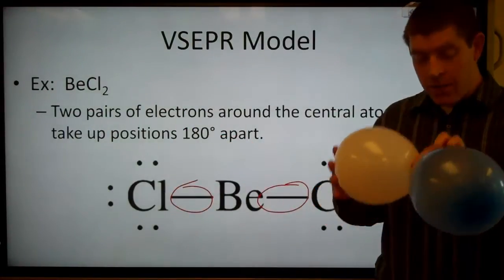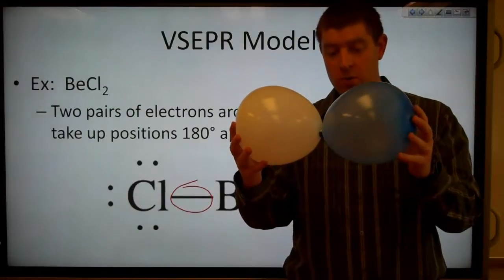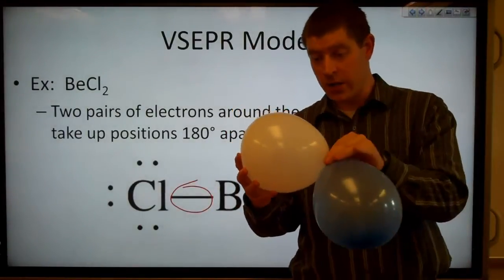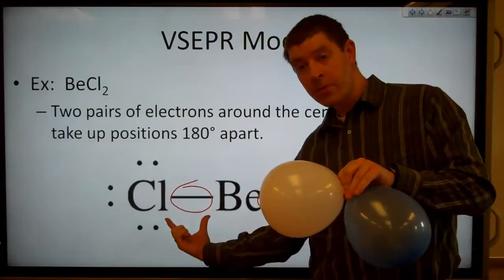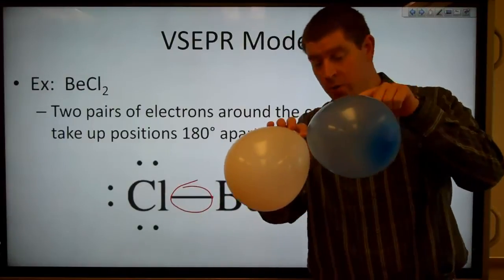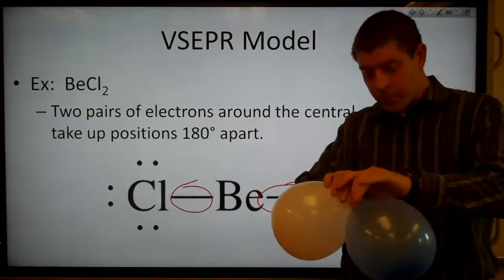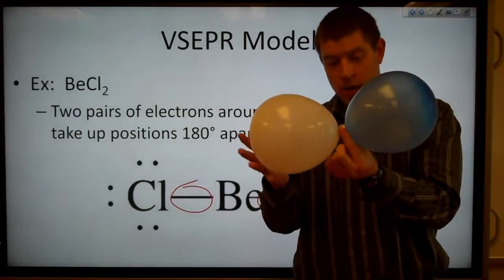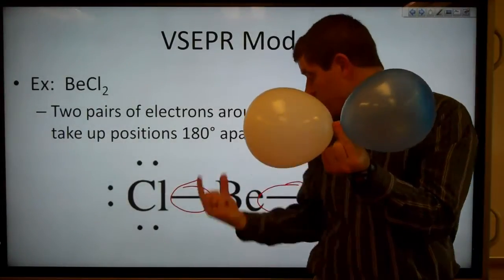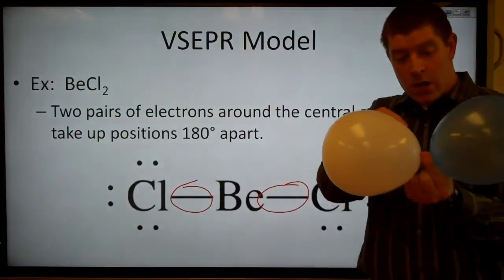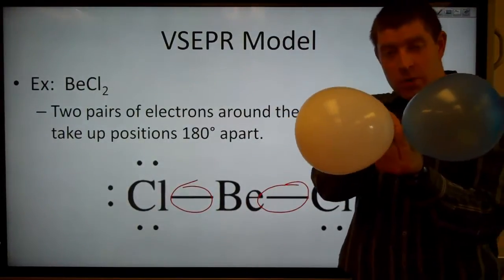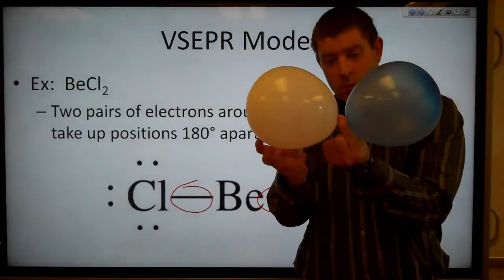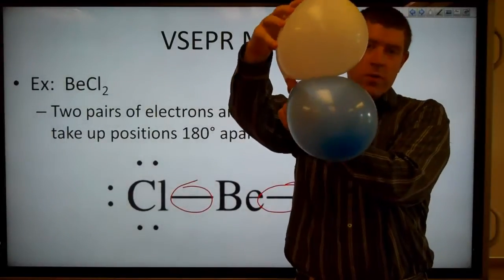Okay, now if I have 2 balloons, imagine each balloon represents a region of electron density. So this balloon is, say, that pair of electrons, and this balloon is this pair of electrons. Now, if the center here is the beryllium nucleus, that knot in between my 2 balloons, the 2 balloons don't want to be squished over on one side.